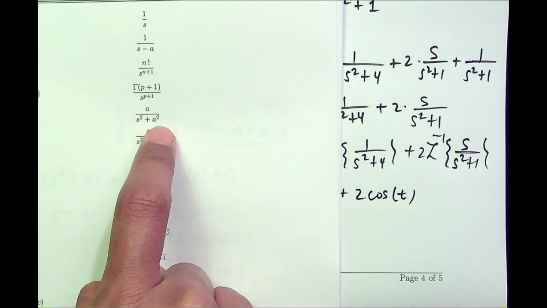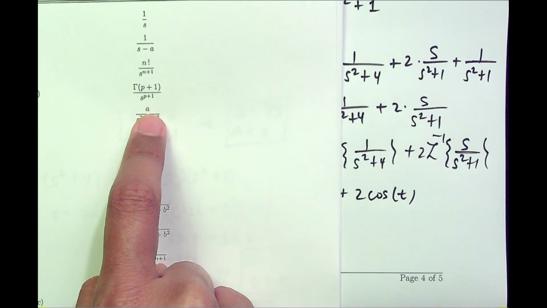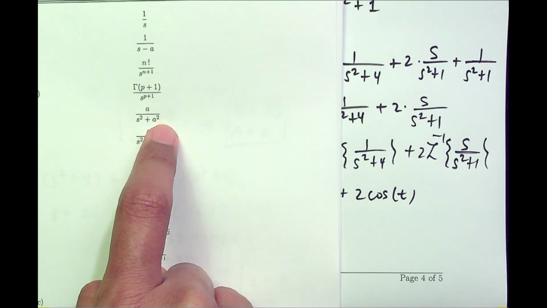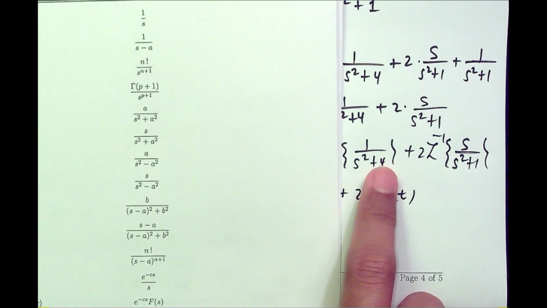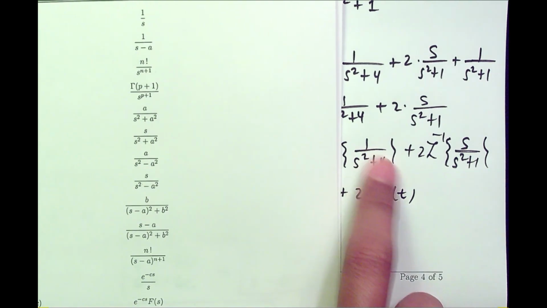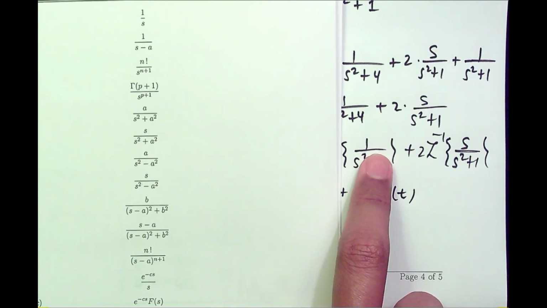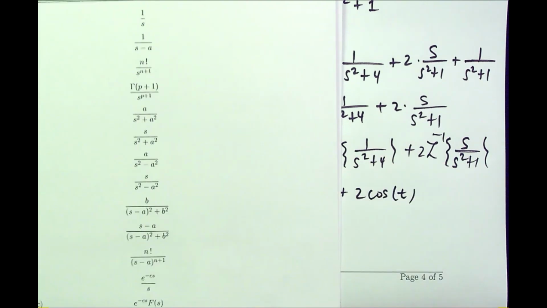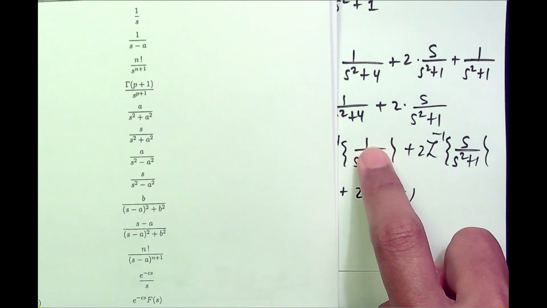The constant on the bottom that is being added has to be the square of the one on the top, or the one on the top is the square root of the one on the bottom. It has to look exactly like that. Either way, that's not what's going on here. 4 is not the square of 1, obviously, so we need a 2 in there. We need a 2, otherwise we cannot invert it as is, and then it's going to match exactly.